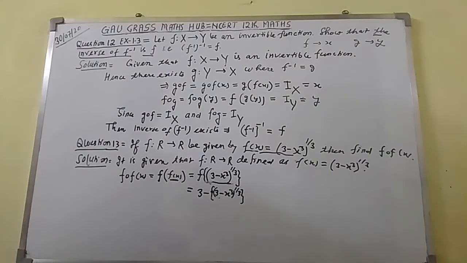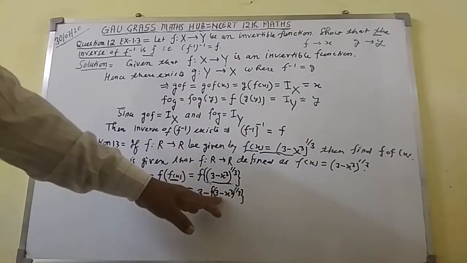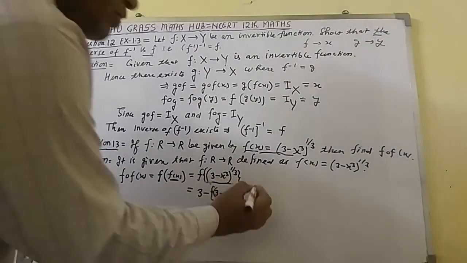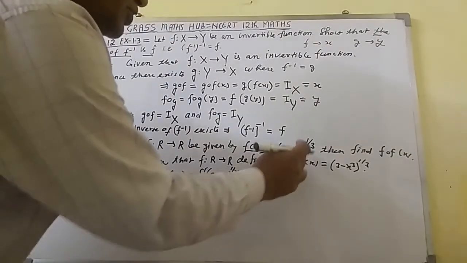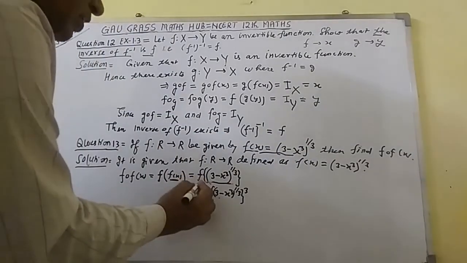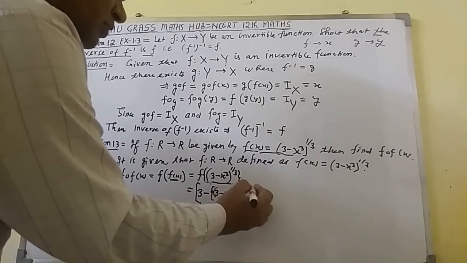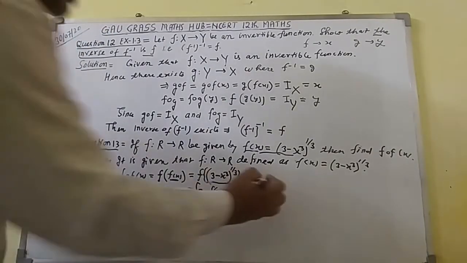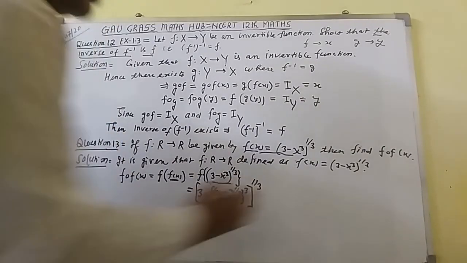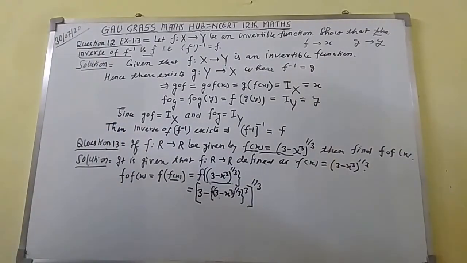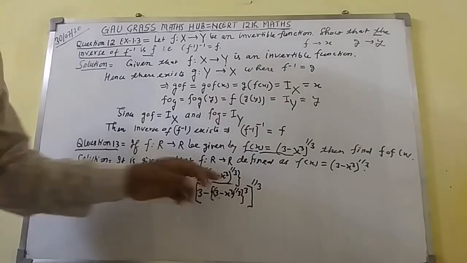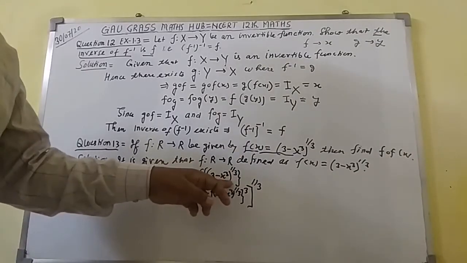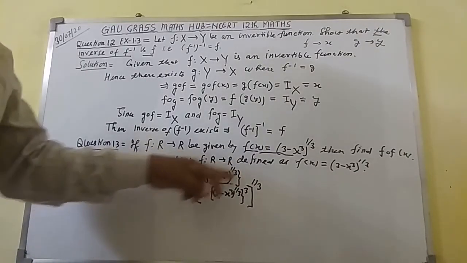After that, in place of x I have written the whole thing to the power cube. This cube will come here, and we enclose this one in square bracket, raised to power 1/3. Here I have written f(x), so in place of x this whole value will be written.